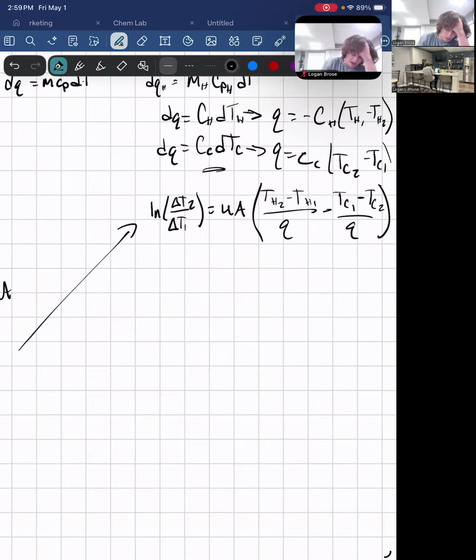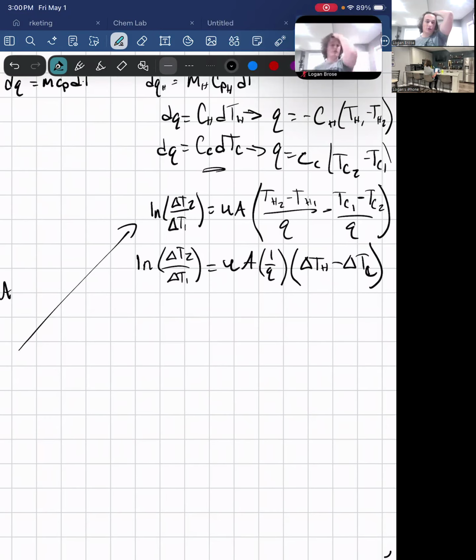We can factor out the 1 over q and get ln delta T2 over delta T1 equals UA times 1 over q times delta TH minus delta T cold. And then we can solve for q.